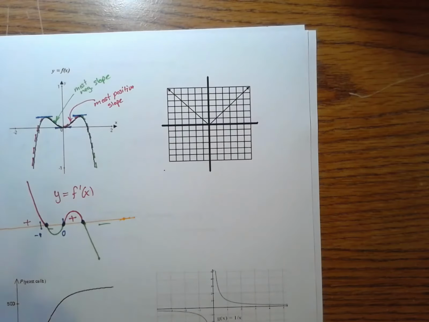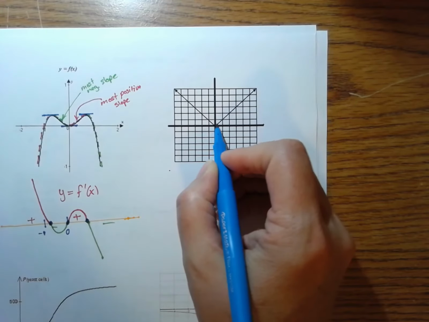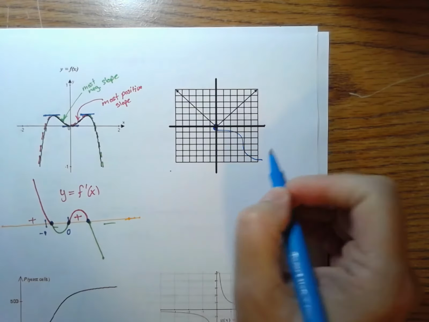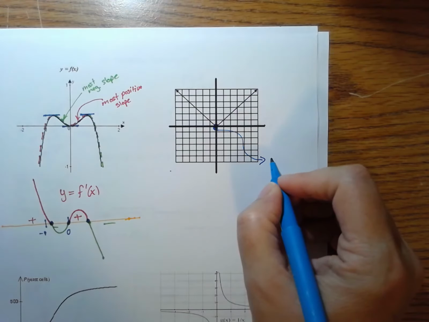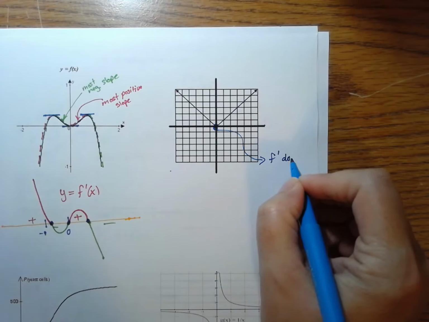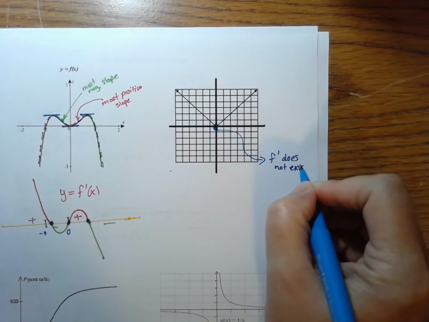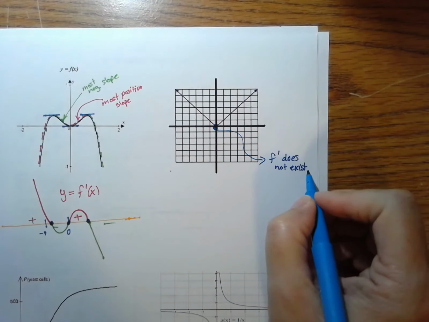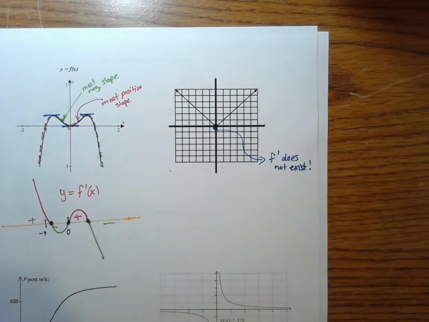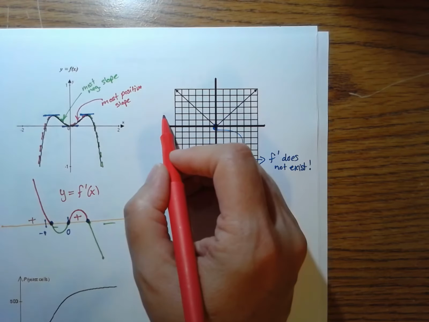All right, this graph should look familiar. This is our absolute value graph. Now, on this graph, we have a corner. And that corner right there is a place where we're going to see that the derivative does not exist. So the derivative does not exist at corners, which we'll talk about more in a later lesson. But the rest of this graph has some increases and some decreases.